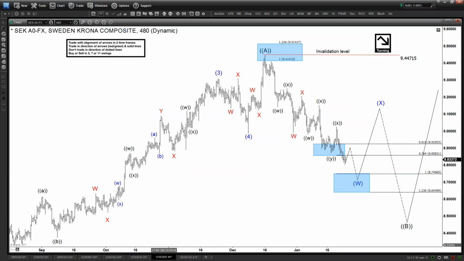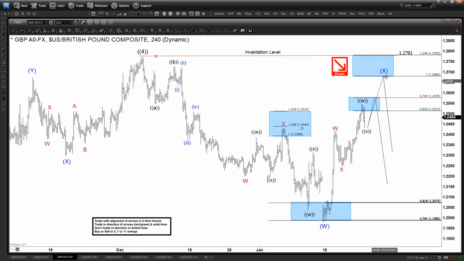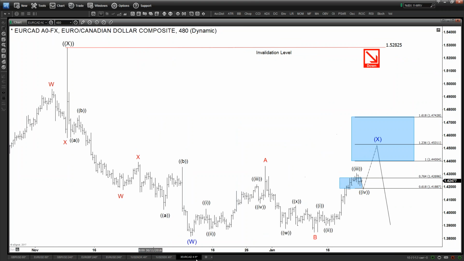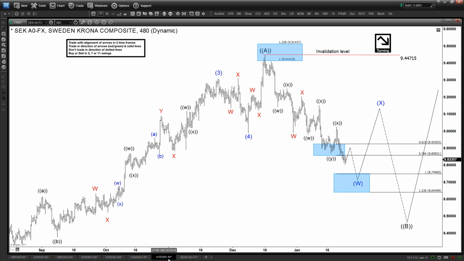Dollar sec can make one more push lower, and the pound dollar can make another push higher, of course, unless it truncates, which it has a tendency to do. Sometimes it will do that, and it can just make a marginal new high and then finish the cycle. But it's not just the pound, like I said, it's the euro CAD as well, which is telling us the same thing, and it's the dollar sec also, which hasn't reached equal legs from this December 15 peak.